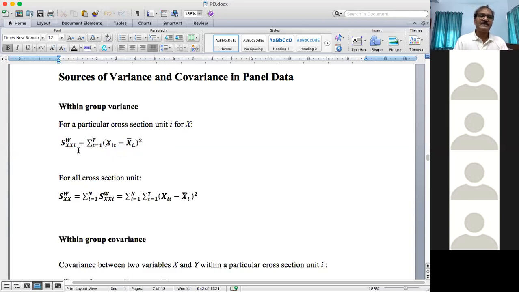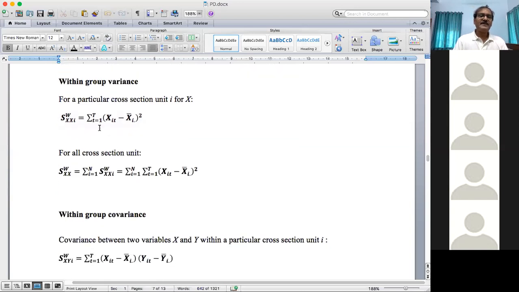We can use this sum to calculate the variance measure of the variable x. By using this sum of squares, you can calculate the variance of x for a particular cross-section unit i, simply dividing this sum by capital T, because we are taking the sum over time. So this is the variance of x for a particular cross-section unit i.